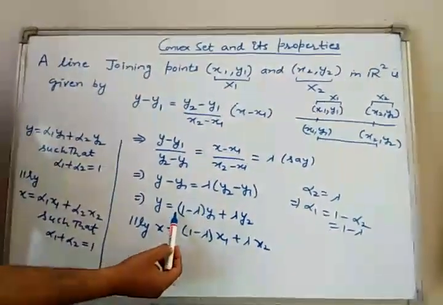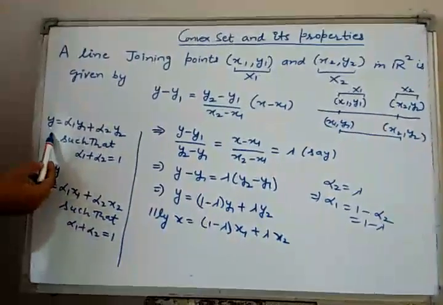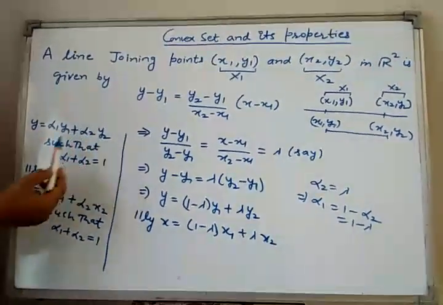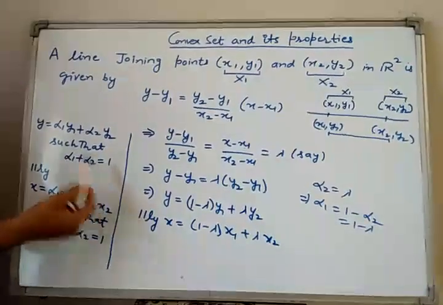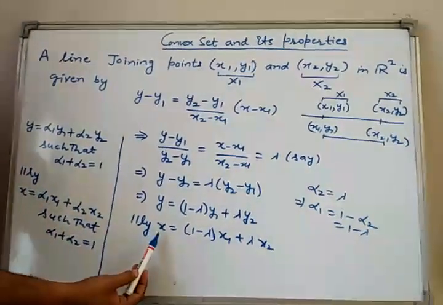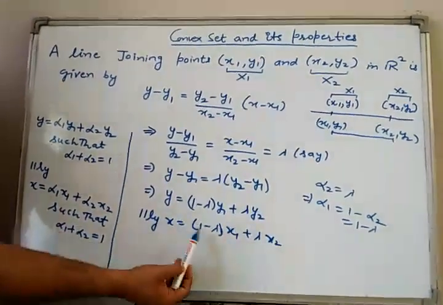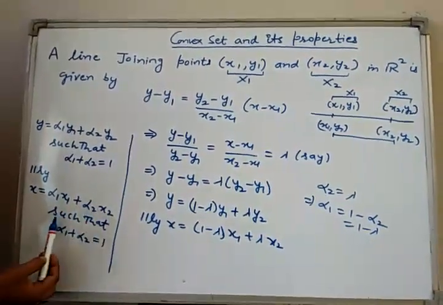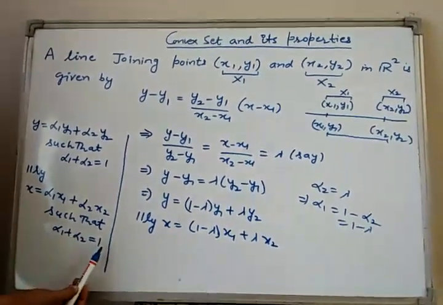Therefore, we can write this equation in this form: y equals alpha 1 y1 plus alpha 2 y2 such that alpha 1 plus alpha 2 equals 1. In a similar manner, we can write x equals alpha 1 x1 plus alpha 2 x2 such that alpha 1 plus alpha 2 equals 1.